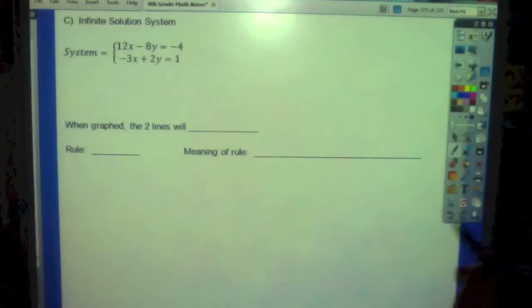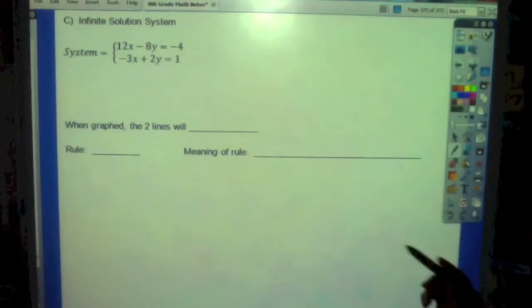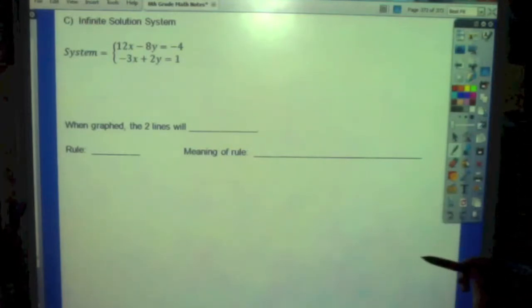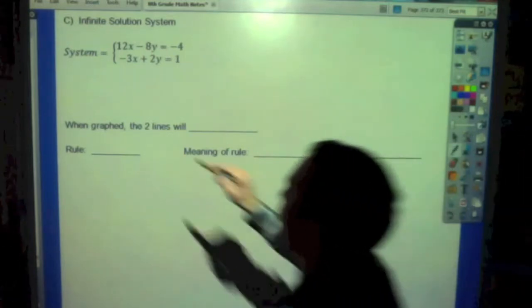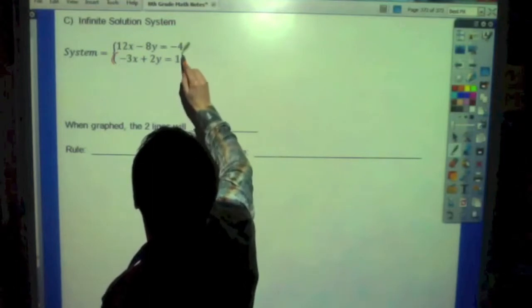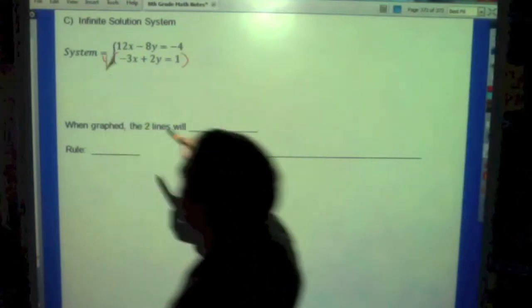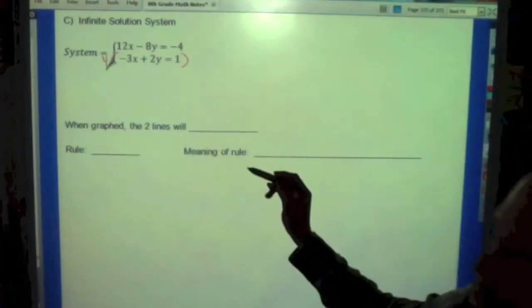What I'm going to do on this bottom equation, I'm going to multiply it by 4. I'm going to drop a 4 bomb on the bottom equation.